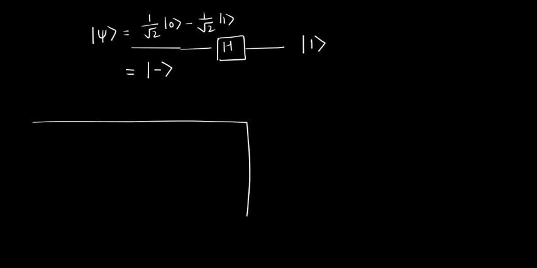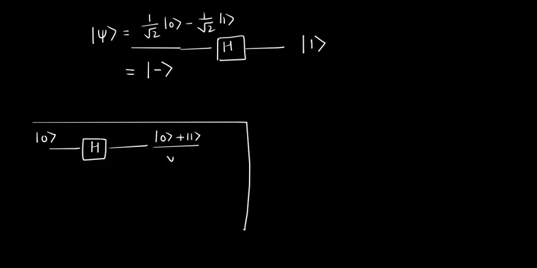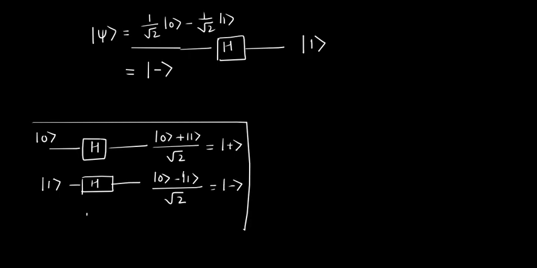So if I summarize the results which I have done till now, if you apply the Hadamard gate to ket 0, we will get the state we also call the plus state. If we apply the Hadamard gate to ket 1, we will get ket 1 by root 2, which we also represent by ket minus.